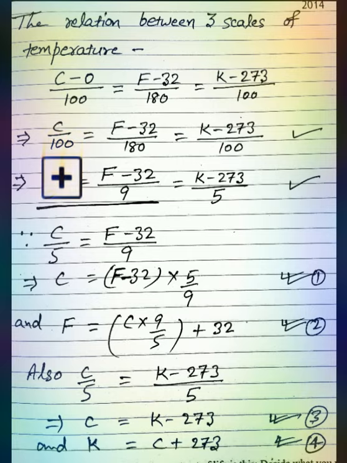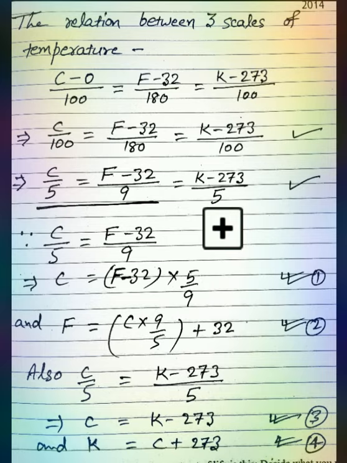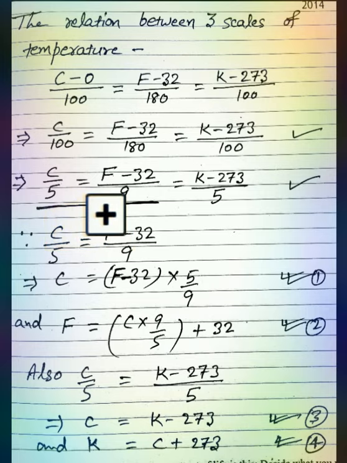So on simplifying, we get the relation, and further 100 and 180 have a common factor, HCF 20. So by simplifying, we get C by 5 is equal to F minus 32 by 9 is equal to K minus 273 by 5.